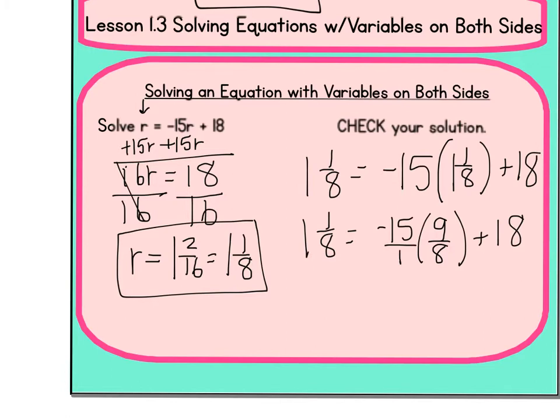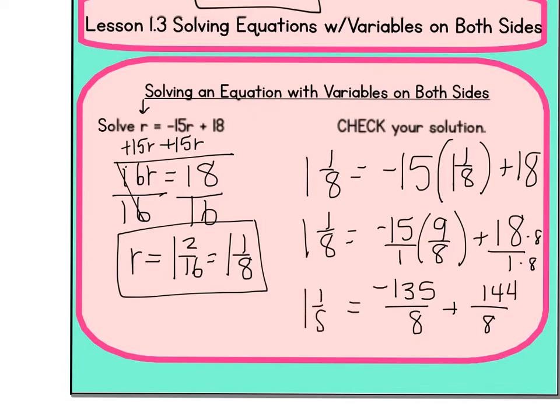I'm going to make that a fraction, which gives me negative 135 over 8, plus I want to make 18 a fraction over 8, so I'm going to multiply both the top and the bottom by 8, which gives me 144. So I have 144 minus 135 gives me 9 over 8, which is the same as 1 1/8, so that one does work out.